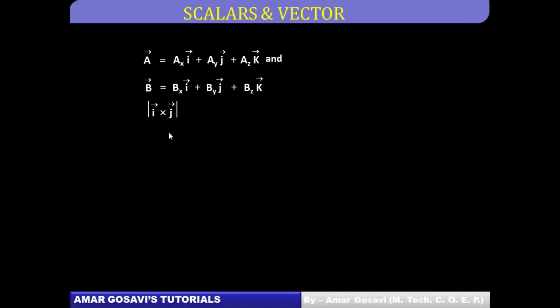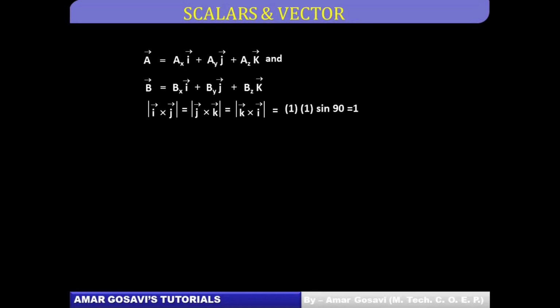We know one thing very clearly: i cross j will be equal to j cross k will be equal to k cross i. This is how the cycle would go ahead. You just reverse the order, because it is not commutative, then it won't be equal. It will be opposite in direction.